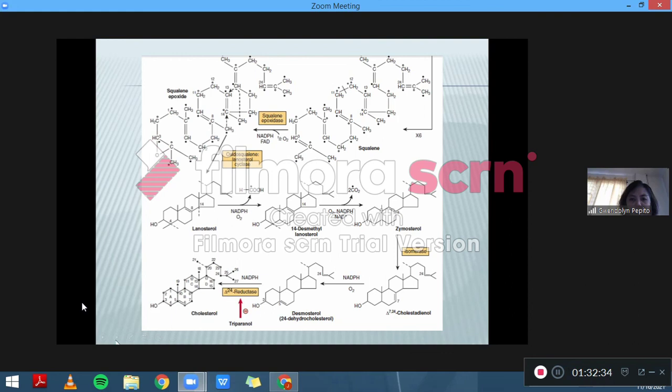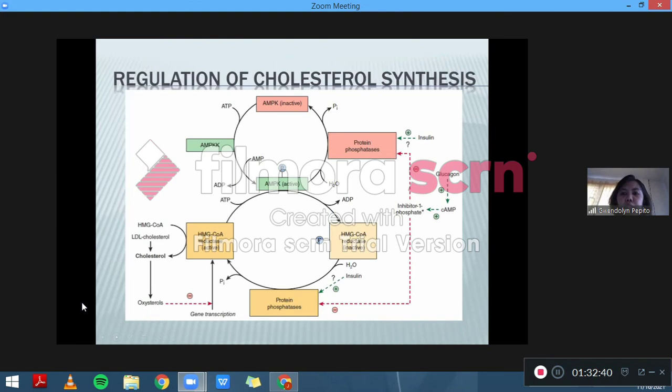Okay, so can anyone discuss how cholesterol synthesis is regulated? The main enzyme for regulation is actually your HMG-CoA reductase, right? This is the primary enzyme that is blocked so that cholesterol synthesis is halted.